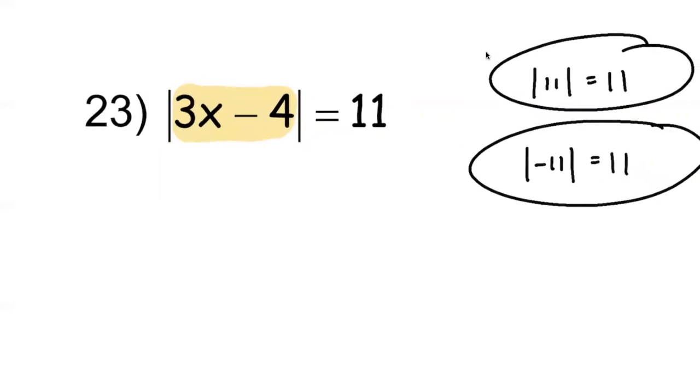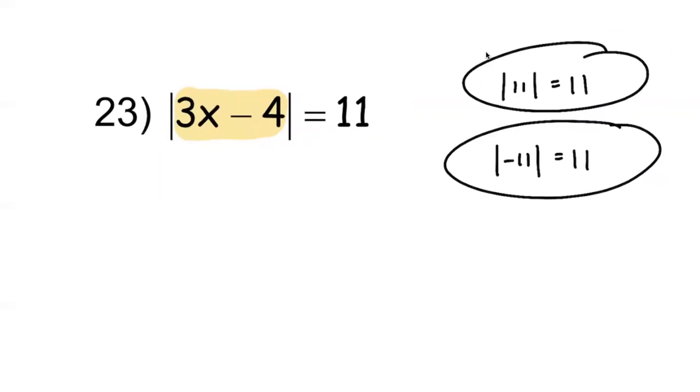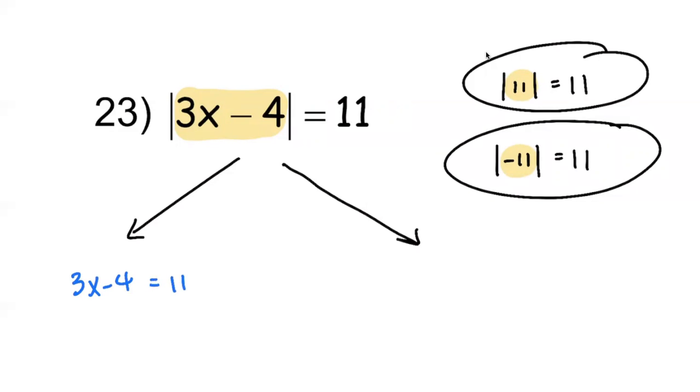And how do we deal with this kind of dilemma? Let's work out both possibilities. So we say, all right, when you have the absolute value part on the left by itself, the key thing is by itself, we can now generate two statements. We can say, well, guess what? 3x minus 4, the highlighted part, is equal to 11, or the highlighted part is equal to negative 11.